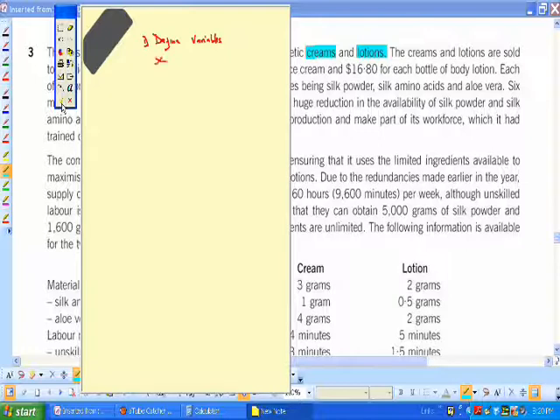So I call my x units of cream, and then my y is the number of units of lotion. So by simply doing that, you already have some few marks. X and y have been defined.